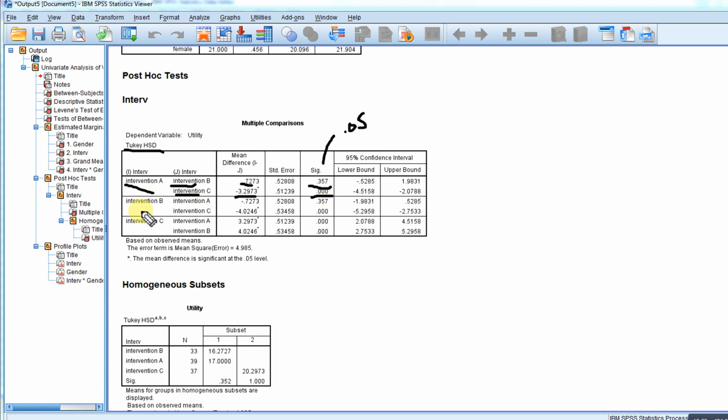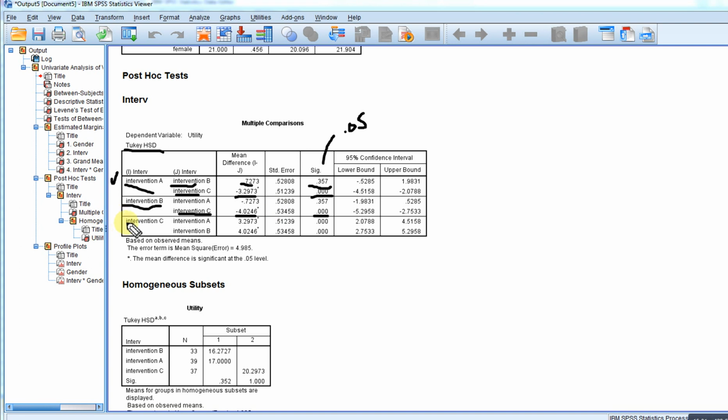Now, when you look at intervention B versus A, this is just a rehash of what we had right up here in this first row. So there's no need to actually bother with this particular finding. So now we'll just go to intervention B versus intervention C. And you can see that we have a negative value, meaning again that those folks in intervention C would have had to have scored higher than intervention B. And in fact, it was about 4 points higher on average than intervention B. The difference was statistically significant.